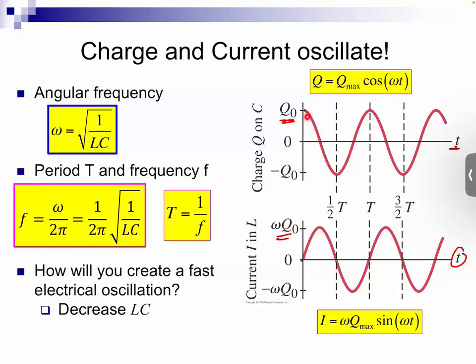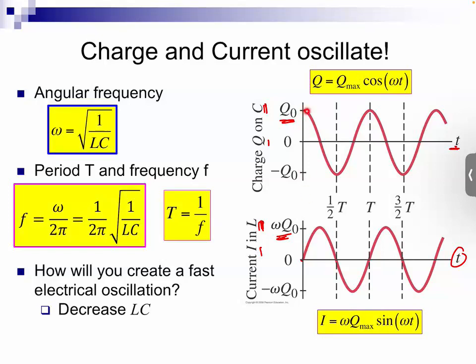So what you can see here is that if the charge in the capacitor plates is maximum, then the current in the inductor is 0. We're talking about charge in the capacitor and current in the inductor. They are inverse of each other.